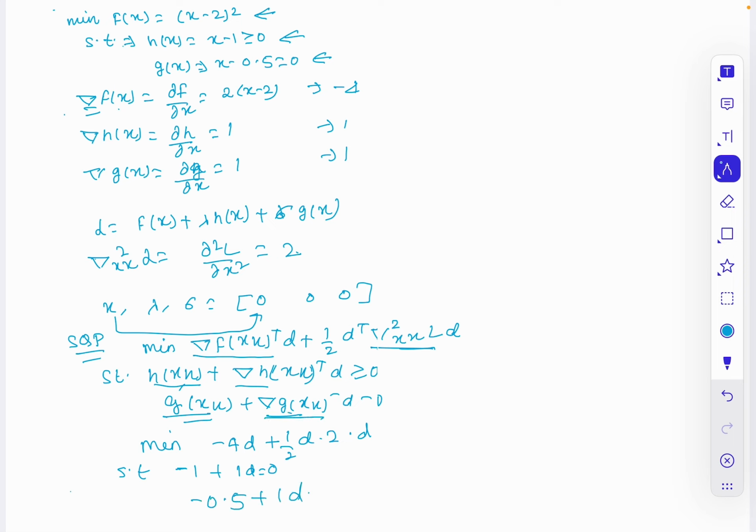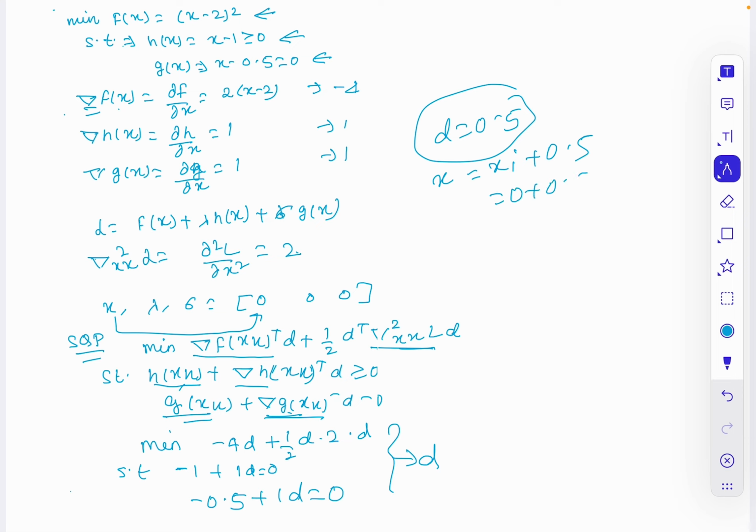So now from here you get the value of d. After you get the value of d, you can update your initial guess. If you solve for d, you will be getting d equal to 0.5. After you get d, you can update your initial x. Your x will be x initial plus 0.5, so 0 plus 0.5, it is 0.5.